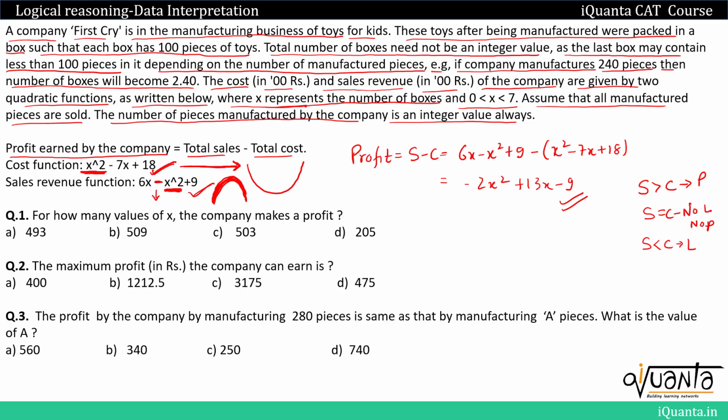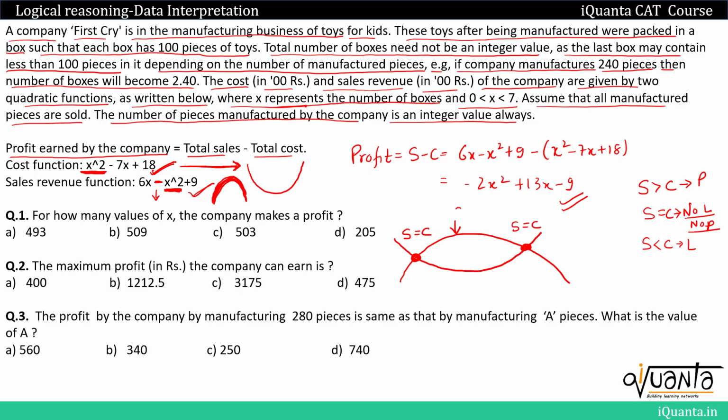Now when we put these graphs into a coordinate plane, they will look something like this. They will be intersecting at some points. So at these particular points, sales is equal to cost. I have told you that when sales is equal to cost, then there is no loss, no profit.